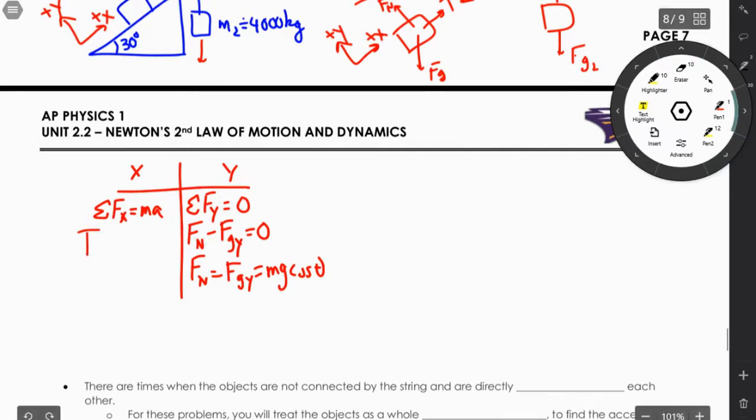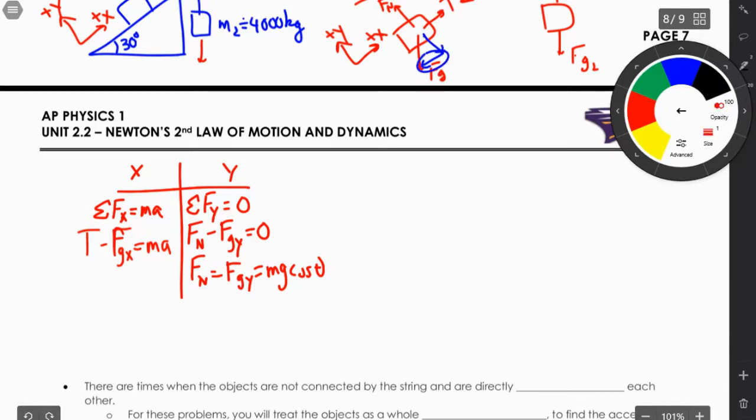Now we sum the forces. We have tension minus FGX. You have to be careful because in the triangle, FGX actually points down the incline. Here's our weight vector broken up, and here's FGX right here. It points down the incline.